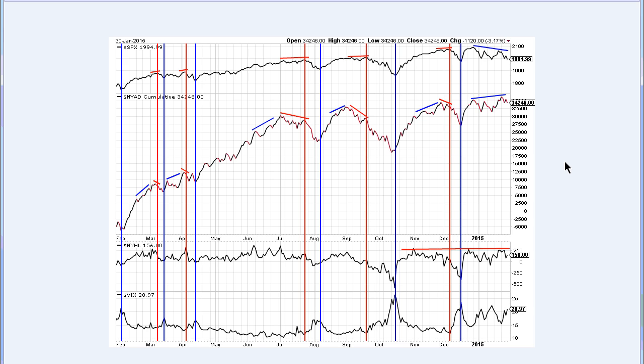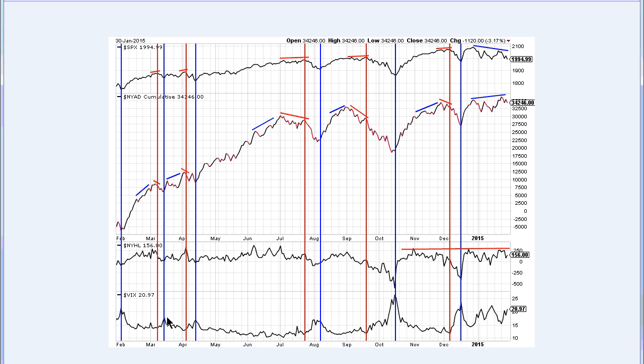So the thing that I want to highlight here is, first of all, the VIX is more of a coincident indicator. You can see that when it peaked, it also coincided with the market bottom or market low. You can see what I have drawn as a blue line here.